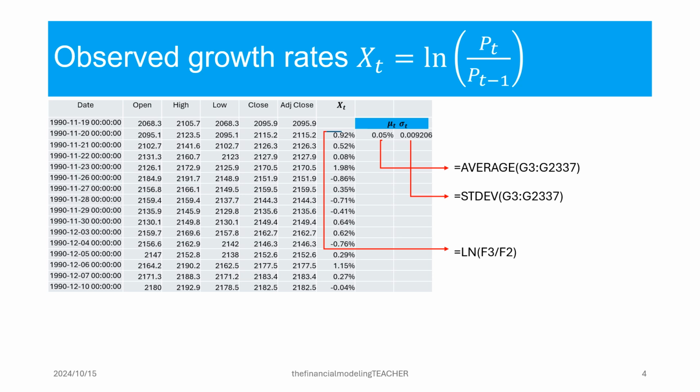To calculate the log return, we take the ratio of the current to the previous price, and we work out the logarithm thereof. We specifically denote this as X_T, a random variable, which we will define to be normally distributed.